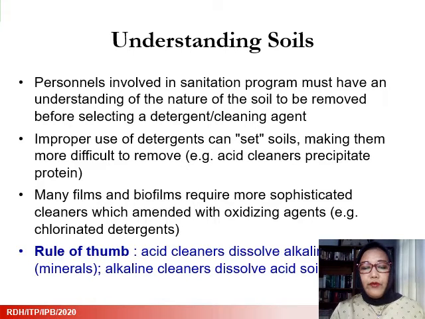Many films and biofilms require more sophisticated cleaners, usually by adding an oxidizing agent. And as a rule of thumb, we usually say that acid cleaners dissolve alkaline soils, while alkaline cleaners dissolve acid soils.